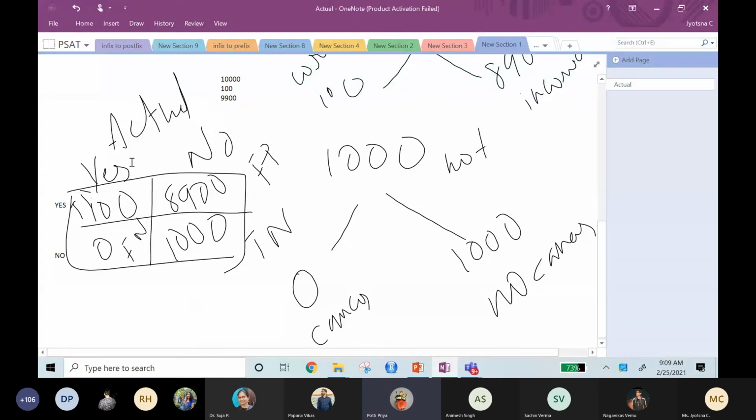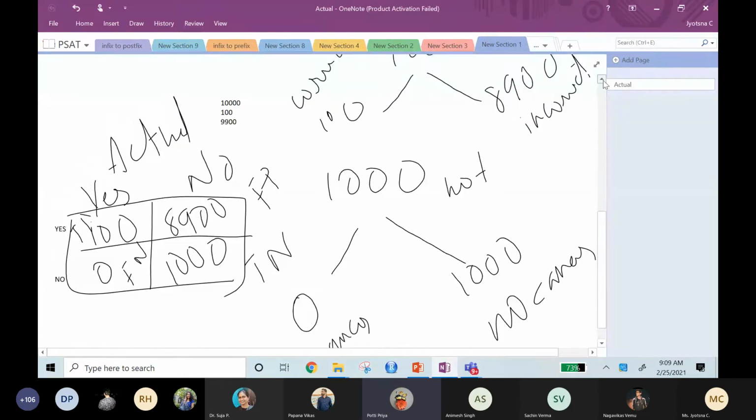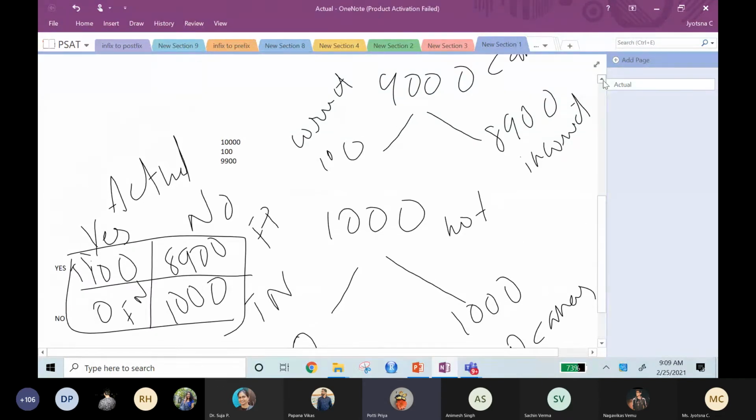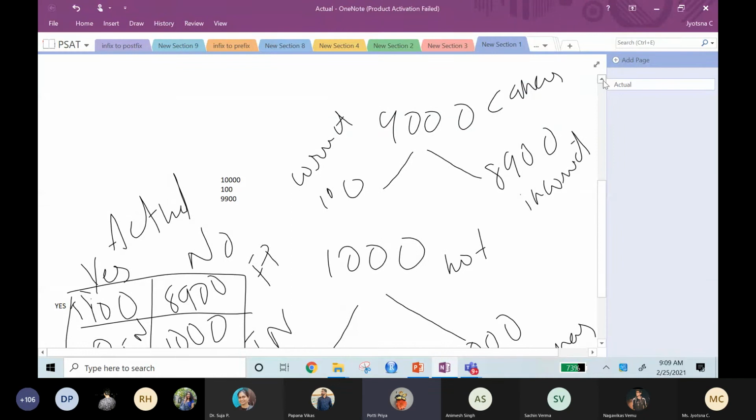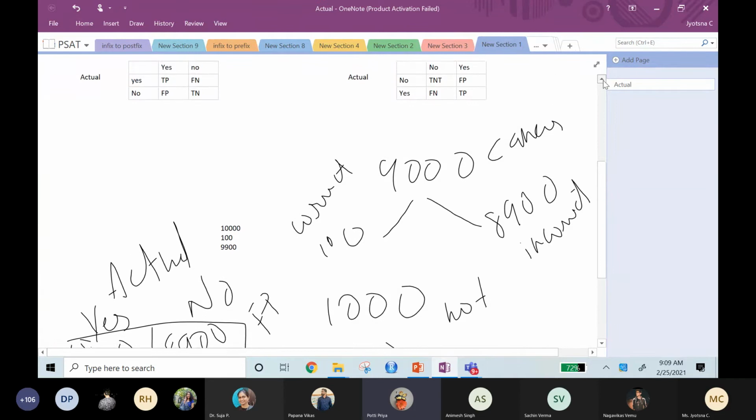Actually, in the question it is said, among 10,000 samples, 100 has been identified as cancer and 9,900 as no cancer. So this 9,900 should be the predicted value of no cancer. So this column sums up to 9,900.